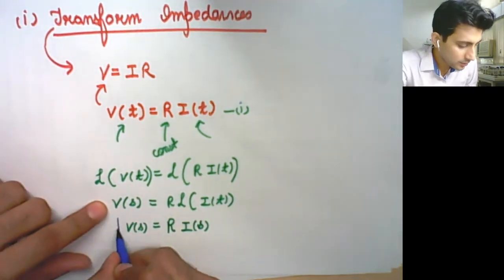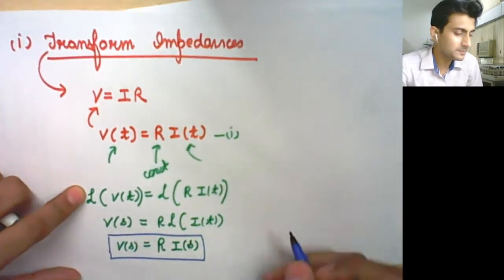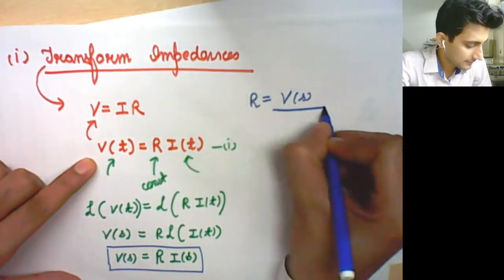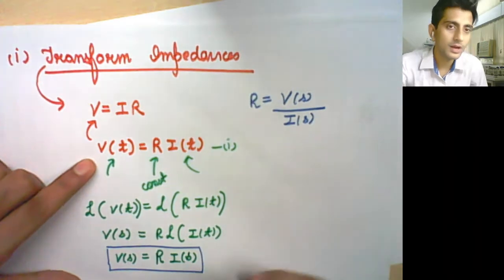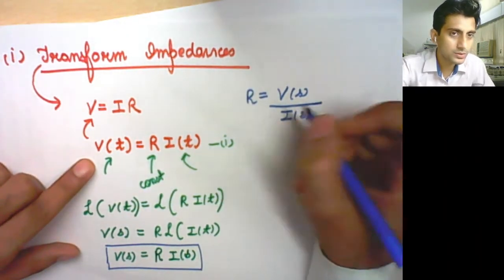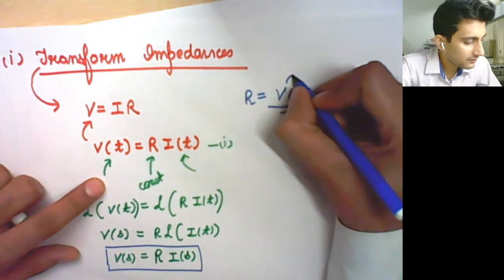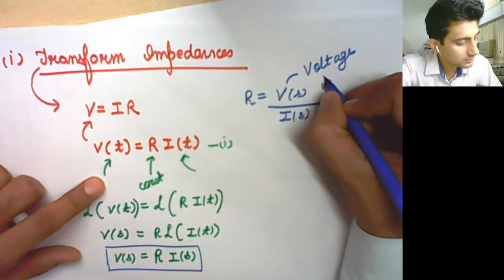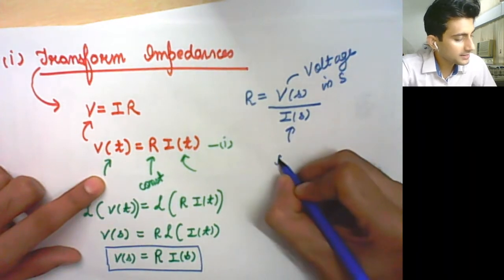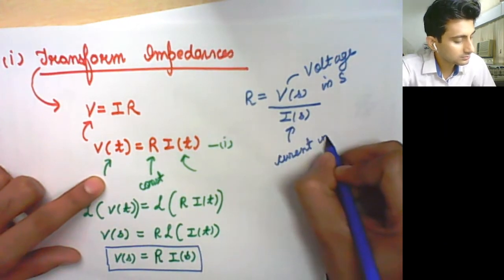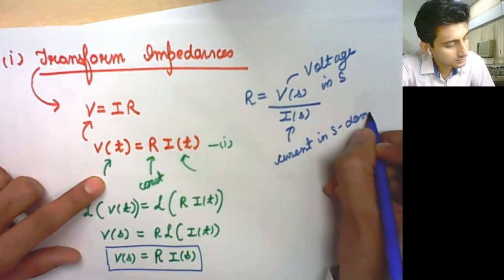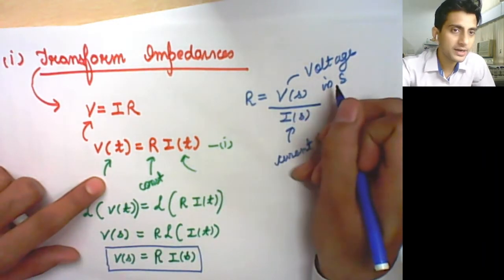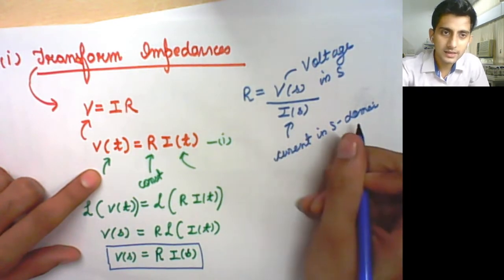From this particular equation, you can simply say that R is equal to Vs upon Is, where V is voltage in S domain and I is current in S domain.